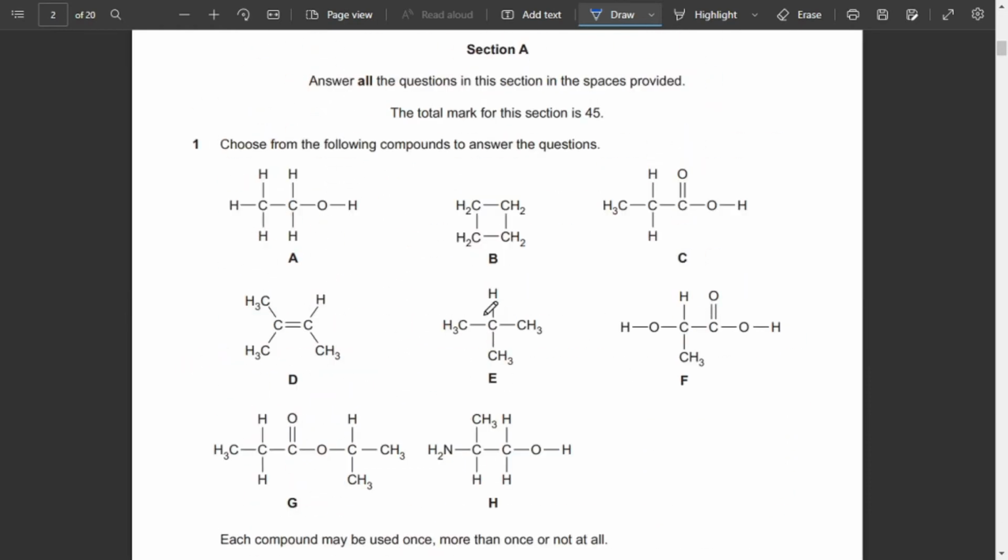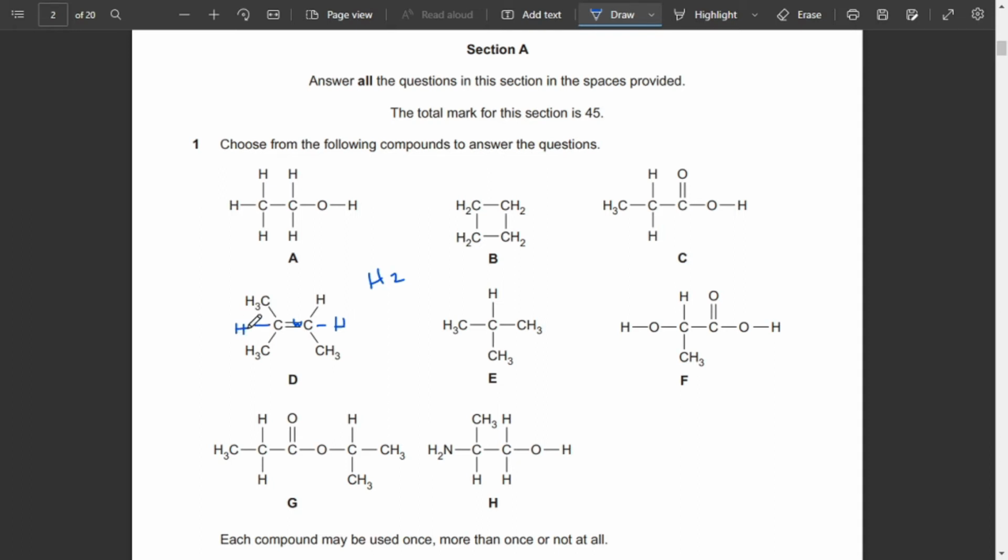So this cannot be an option. This cannot be an option. We can look at D, because we have a double carbon bond over here. If we react it with hydrogen, that is H2, this double bond will break, and a hydrogen will come over here, and one over here.